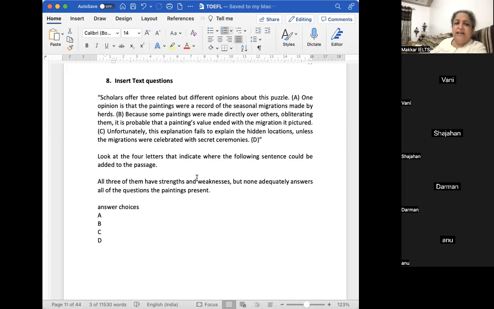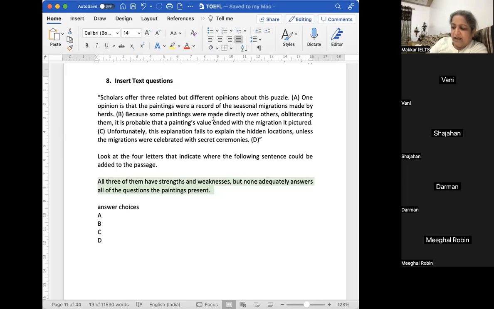Next, we have insert text questions. See, what happens in these? You have to try putting this sentence at any of these places, A or B or C or D, and your paragraph should make sense. The tip is to try the sentence in each of the places, then read the structure of the sentence.